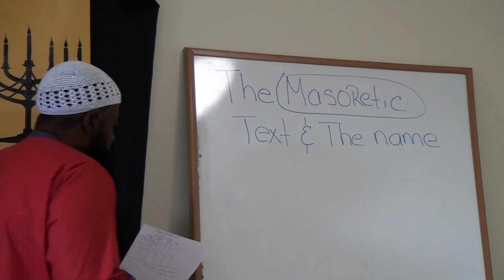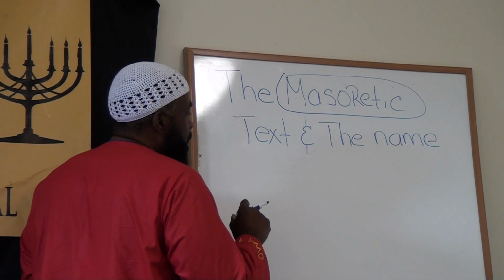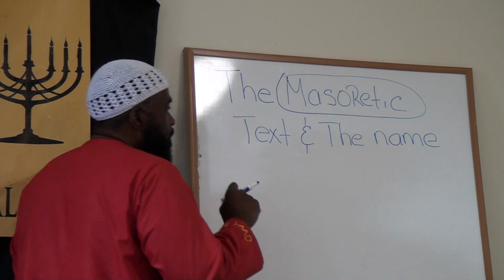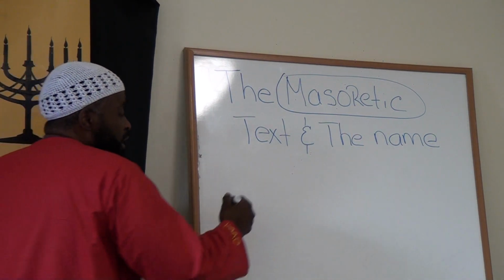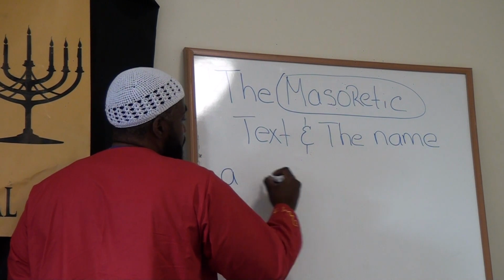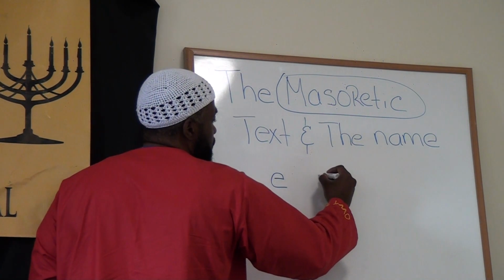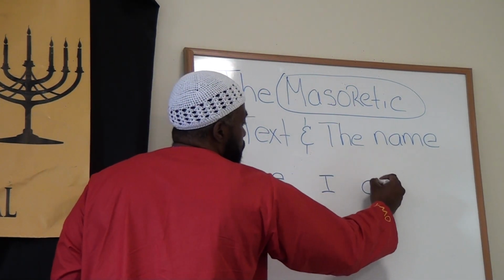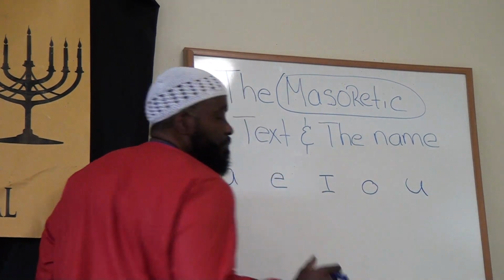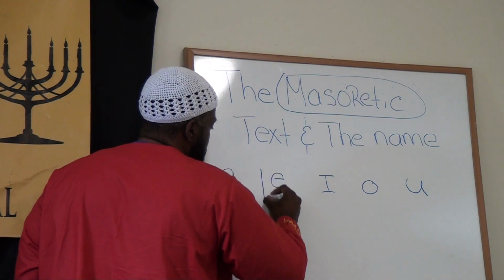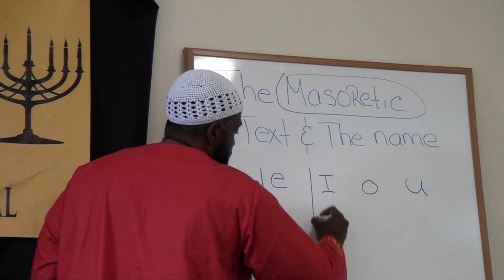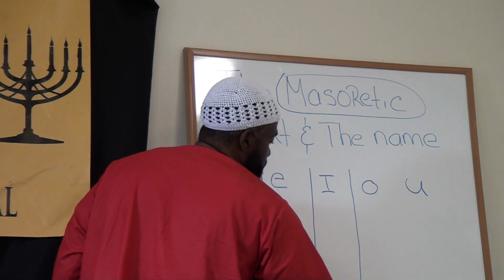Anybody can get it. They're using today's grammar rules for vowels, meaning that you're using A, E, I, O, U. That's all they're doing. Now, I'm going to break this down and show how this works.